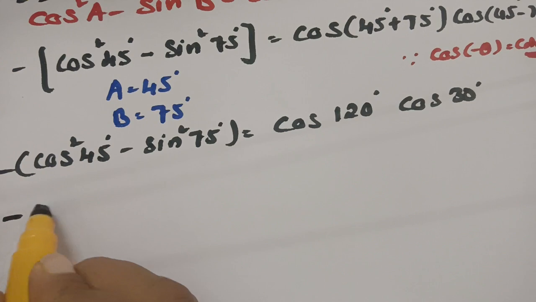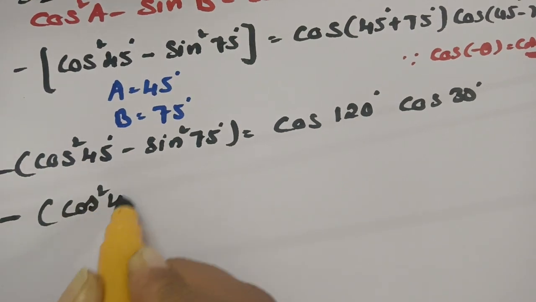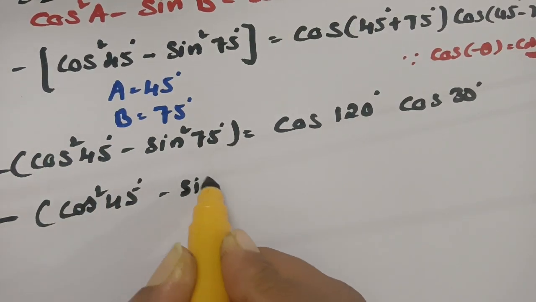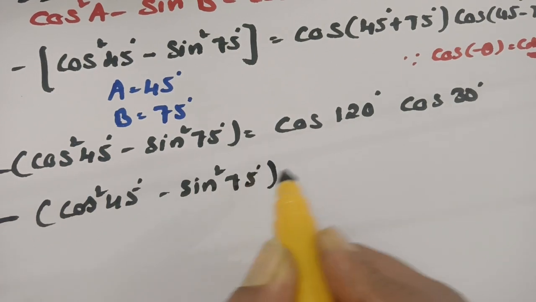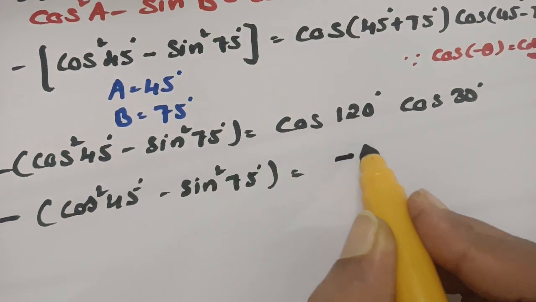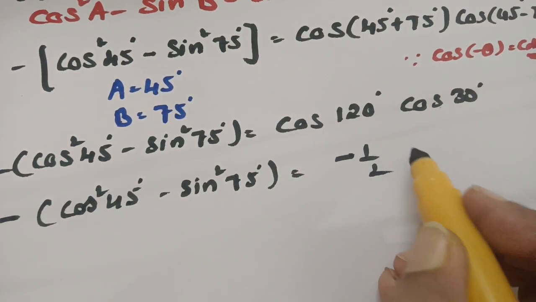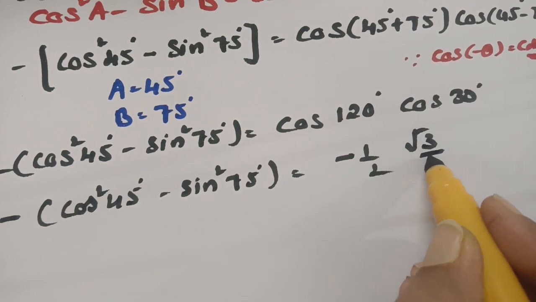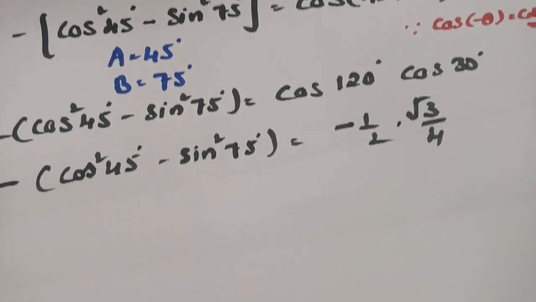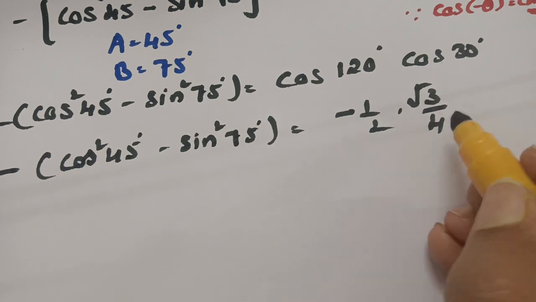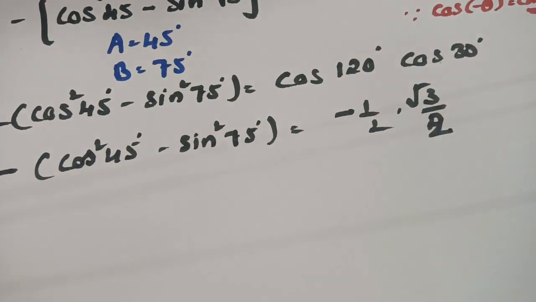So this will be minus of cos square 45 degrees minus sine square 75 degrees, equal to cos 120, which is nothing but minus half, and cos 30 degrees, which is nothing but root 3 by 2.